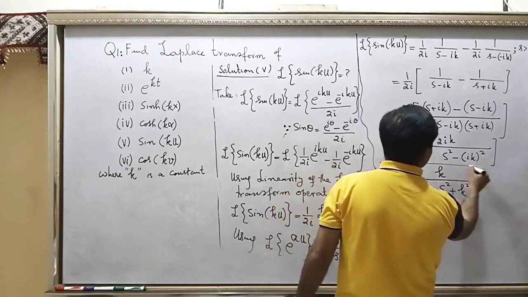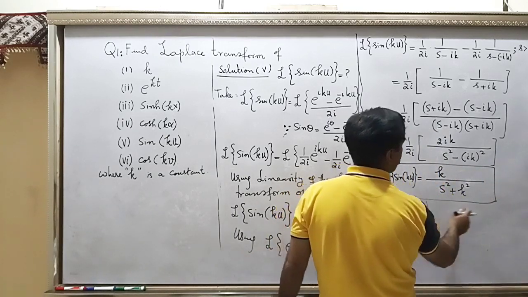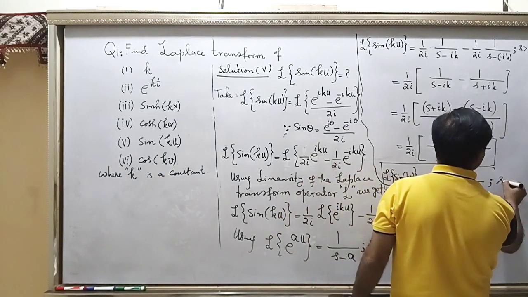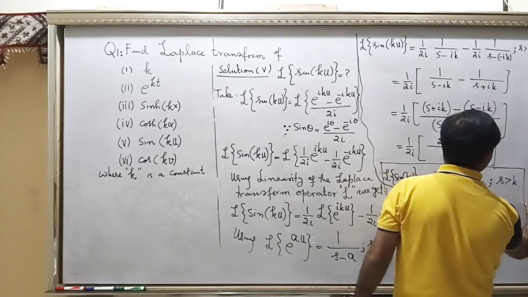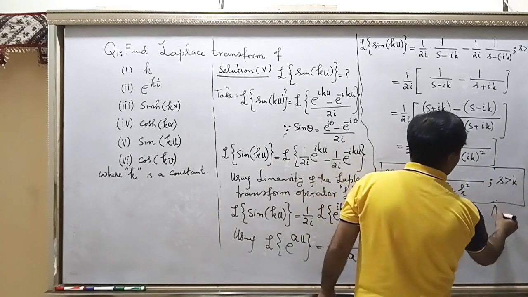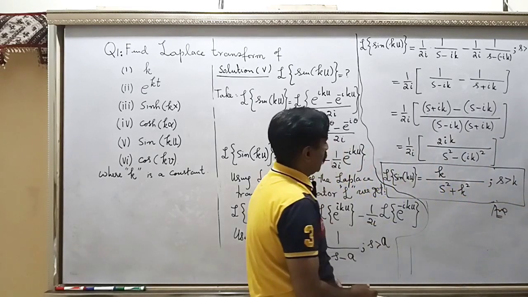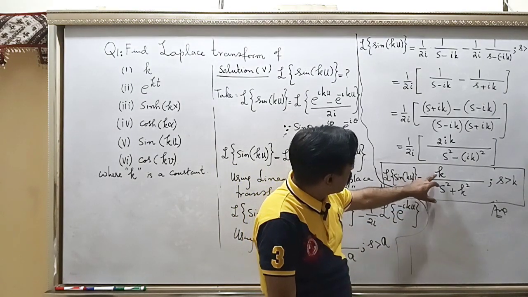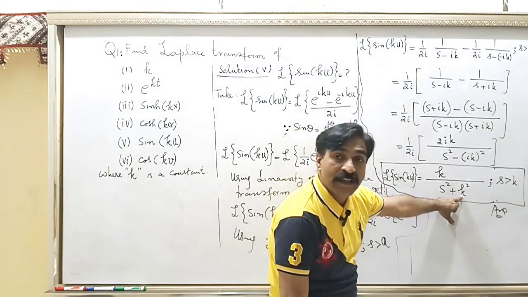So this is the result for this type of transform, and s is greater than k as before. So the Laplace transform for the sine of kv is k over s square plus k square.